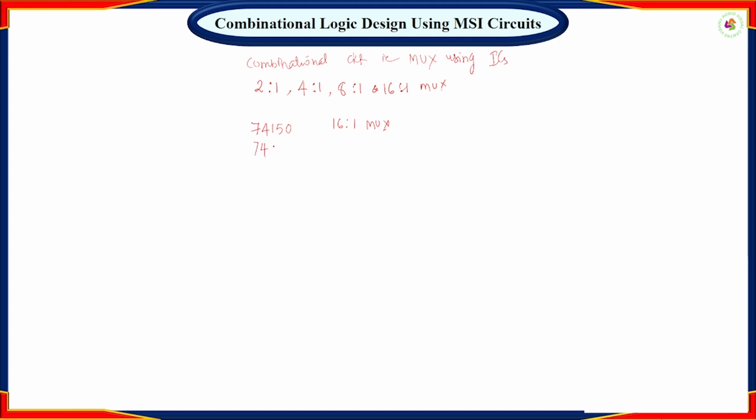Then 74151 is an 8 into 1 or 8:1 multiplexer. You have 74152, again an 8:1 MUX. You have 74352, which is dual 4 into 1 MUX.